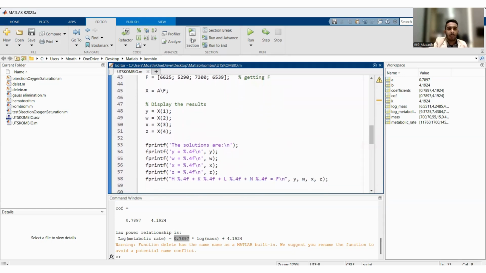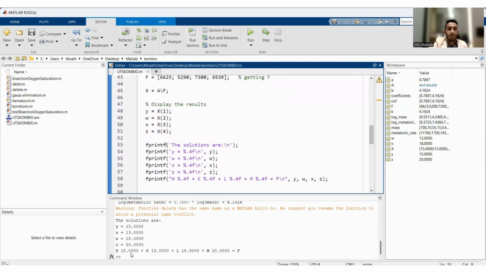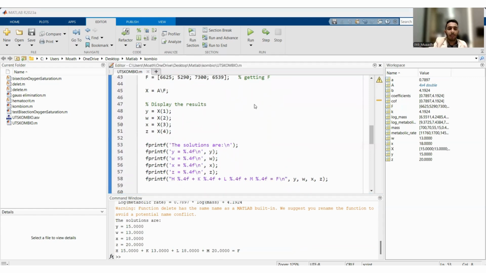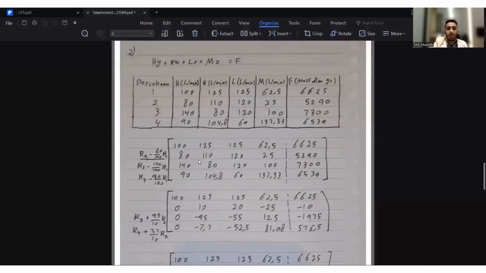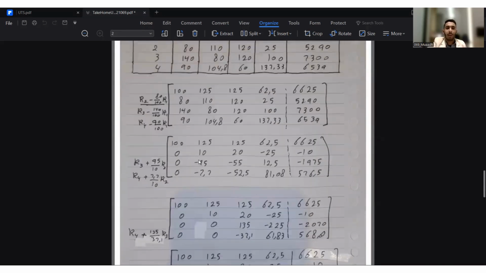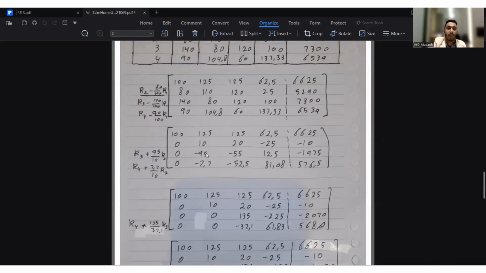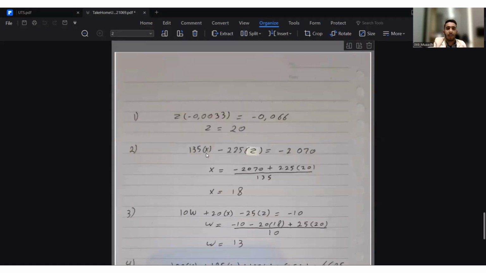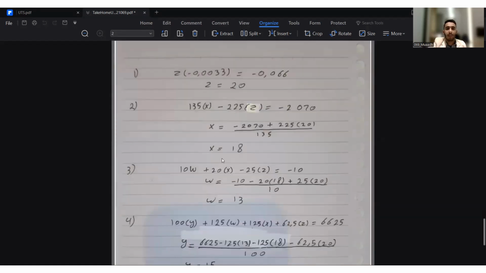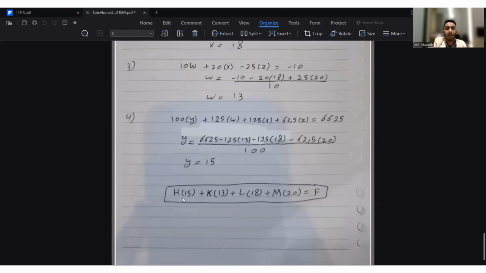With this, we'll show the answer, which is 15, 13, 18, and 20. For the mathematical way, we use Gauss elimination. We put it as a matrix, and after calculation we'll show that it's the same answer as the code.